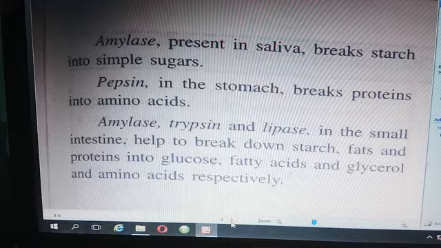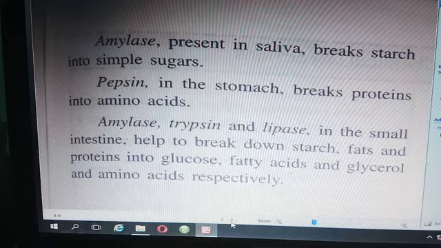Then amylase, trypsin and lipase in the small intestine help to break down starch, fats and proteins into glucose, fatty acids and glycerol, and amino acids respectively. So you can understand here stepwise.